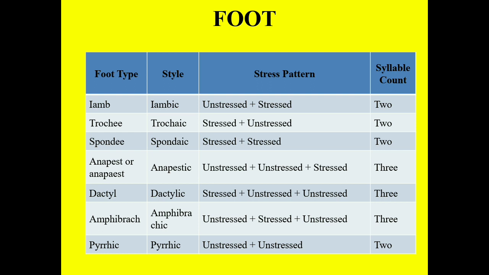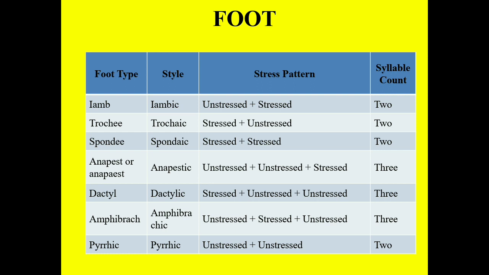So if you find a foot which is an unstressed syllable and a stressed syllable, it is called an iambic foot. The second one is trochaic, which is another type of foot, a combination of a stressed syllable and an unstressed syllable. So we have two syllables in this word also.